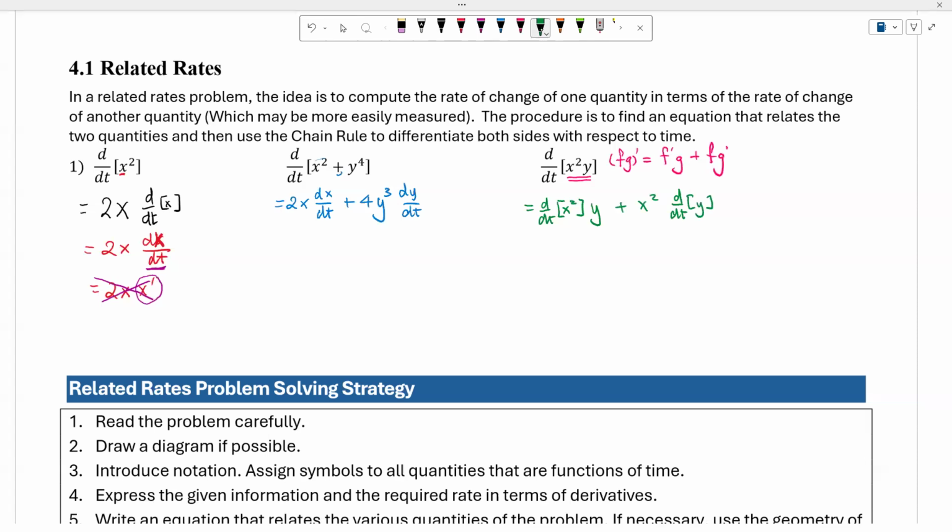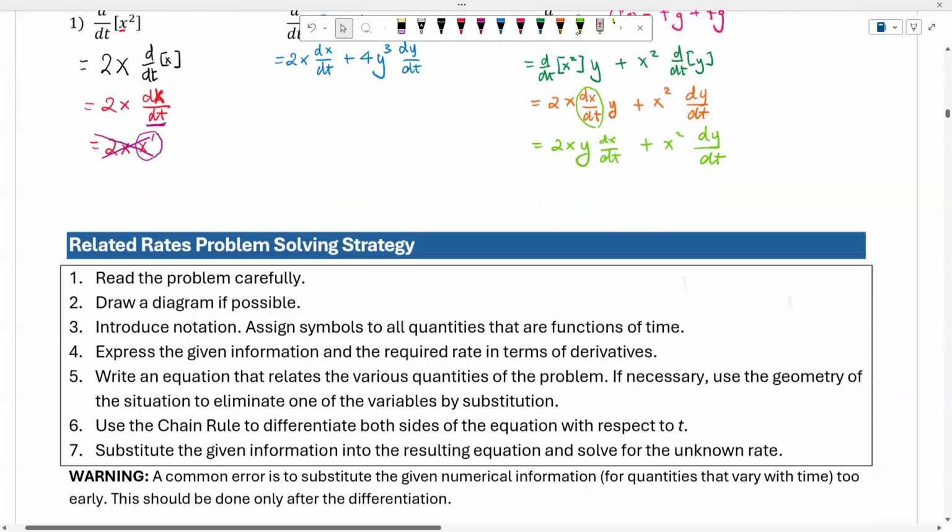Then you will have 2x dx/dt y plus x squared dy/dt. Usually we like to write the dx/dt at the end of each term, so I like to rewrite this as 2xy dx/dt plus x squared dy/dt.